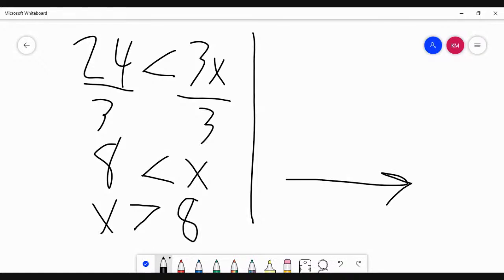So if I draw my line, if 8 is less than x, that means I have an open circle and all my answers are going to be to the right of x, such as 9, 10, 11, 32, because 8 is less than x, which means x is greater than 8.